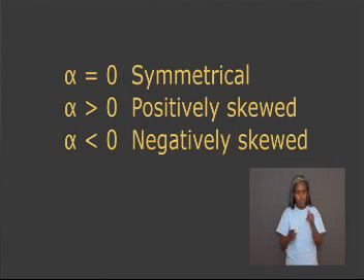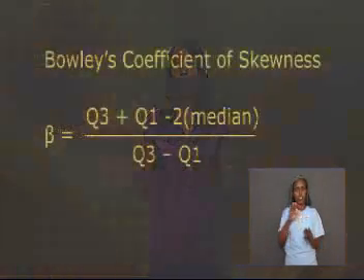If alpha is greater than 0, the distribution is positively skewed. If alpha is less than 0, the distribution is negatively skewed. The second method of finding the coefficient is called Bowley's coefficient of skewness.